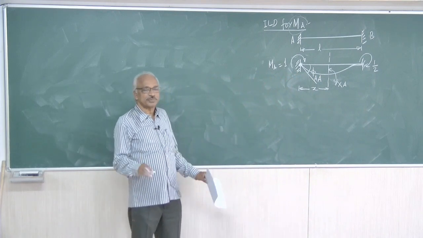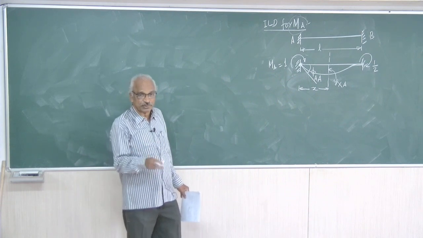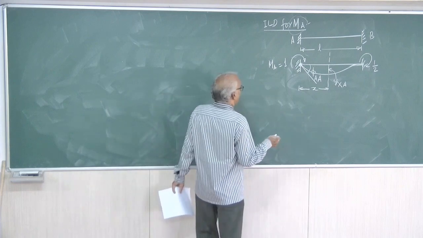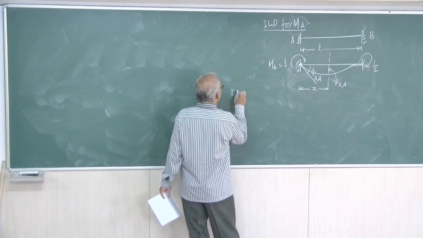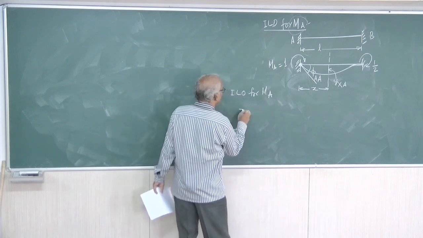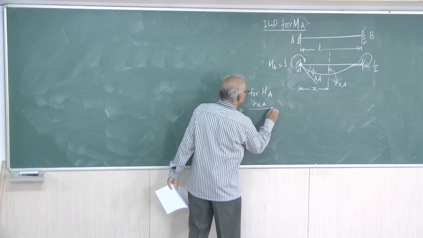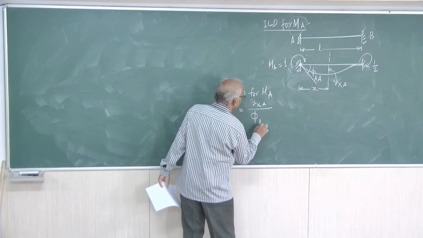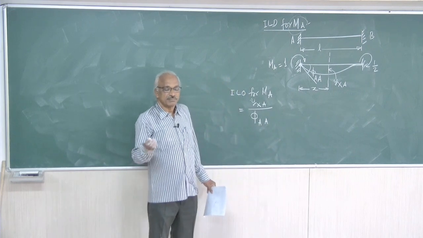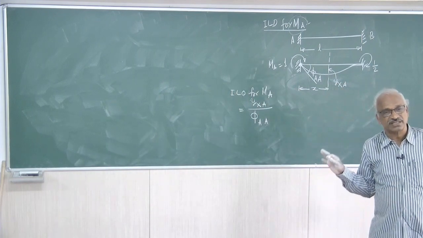According to Muller-Breslau principle, and after application of Maxwell's law of reciprocal deflection, as we have discussed in one of the earlier classes, the influence line ordinate for MA equals the deflection at some section X due to unit moment at A, divided by the rotation at the point A due to unit moment at A. This is the final equation.